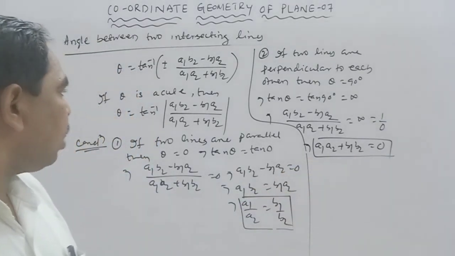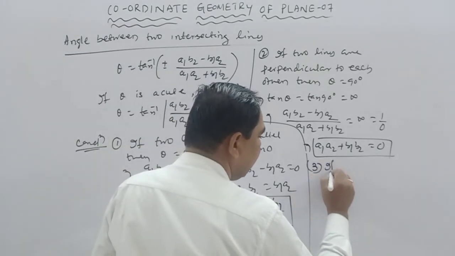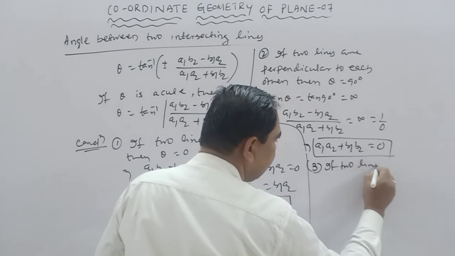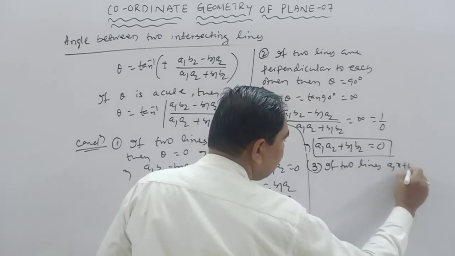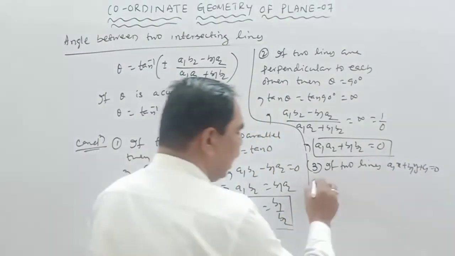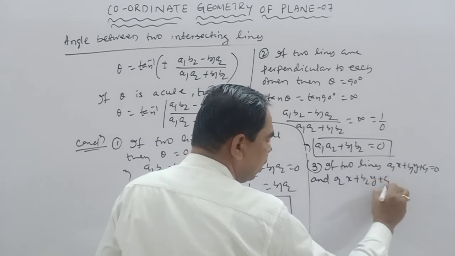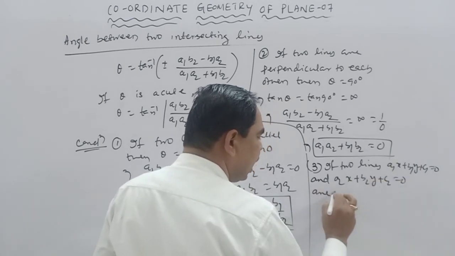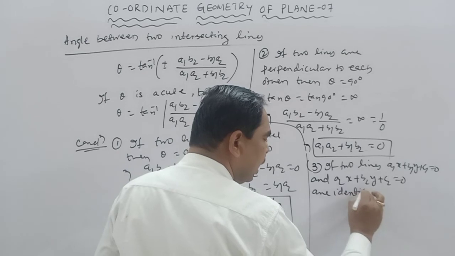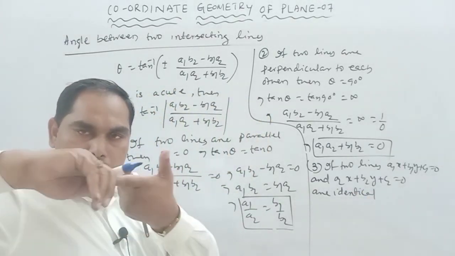Next one, condition 3: if two lines a1x plus b1y plus c1 is equal to 0 and a2x plus b2y plus c2 is equal to 0 are identical, meaning they coincide.